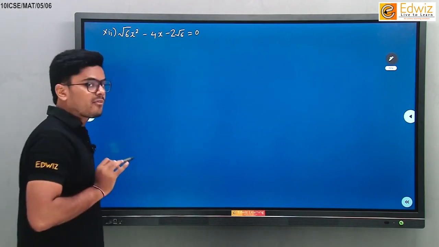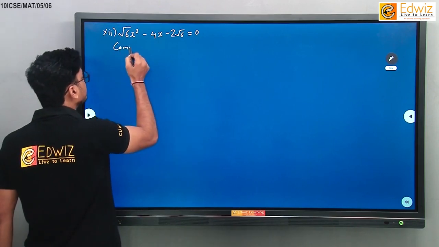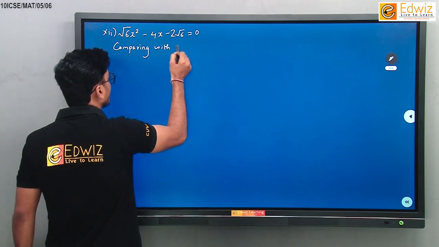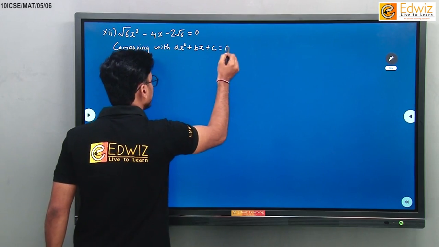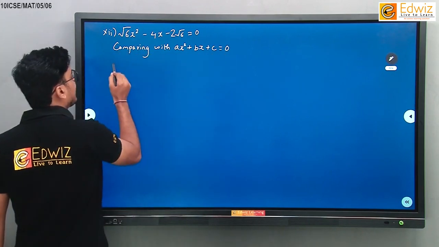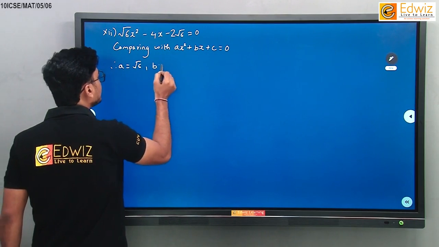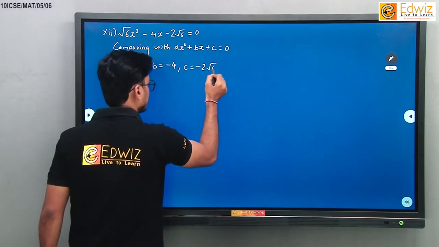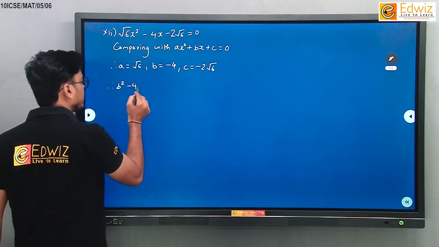It is in its standard form already, correct? Let us directly compare with ax square plus bx plus c equal to 0. So the value of a in this equation is root 6, b is minus 4, c is minus 2 root 6. Correct? So find out b square minus 4ac.